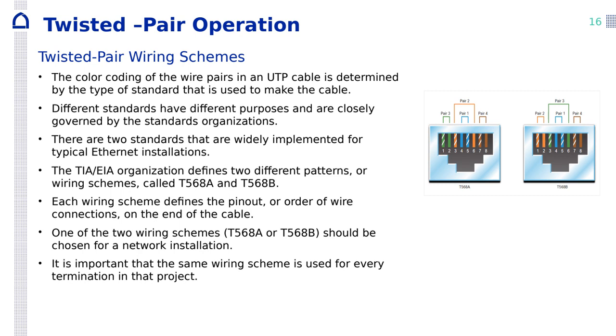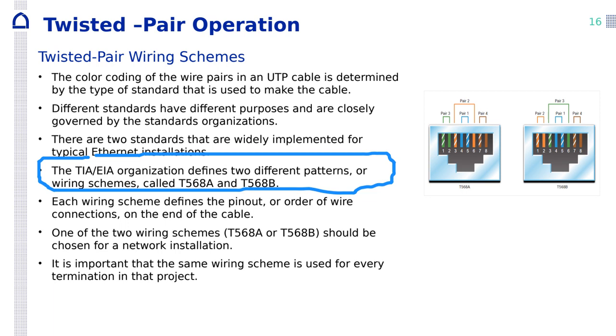The TIA recommends these two standards, T568A and T568B. They define the pin out, the order of wires. In your network you have to choose one type only. Don't choose different types. Only one type in all your network, otherwise you will get problems.